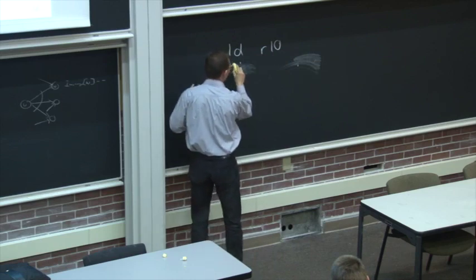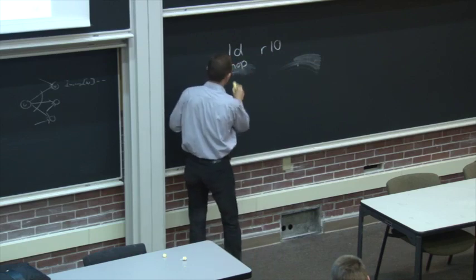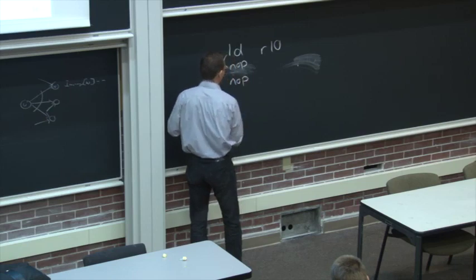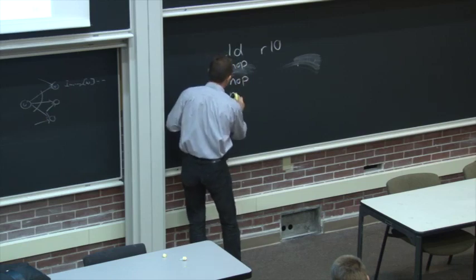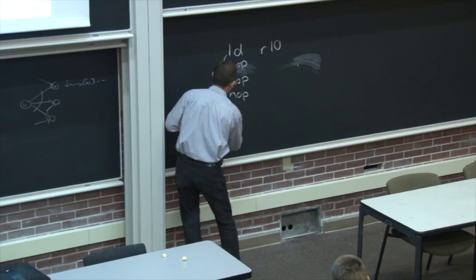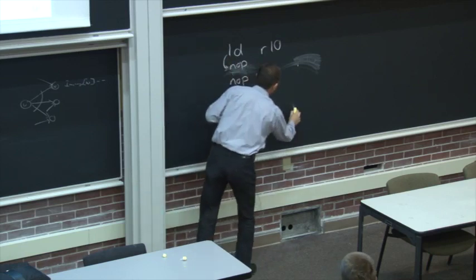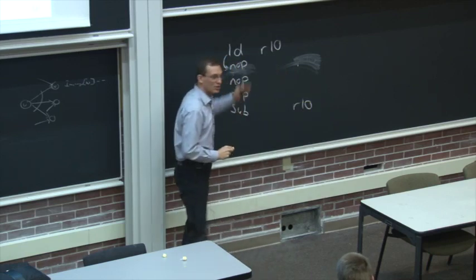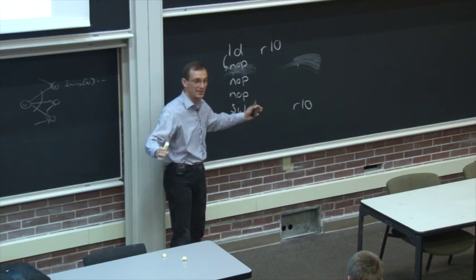So it puts, let's say, a no-op here, another no-op. I guess you will need a third no-op also. And then the subtract that reads R10.